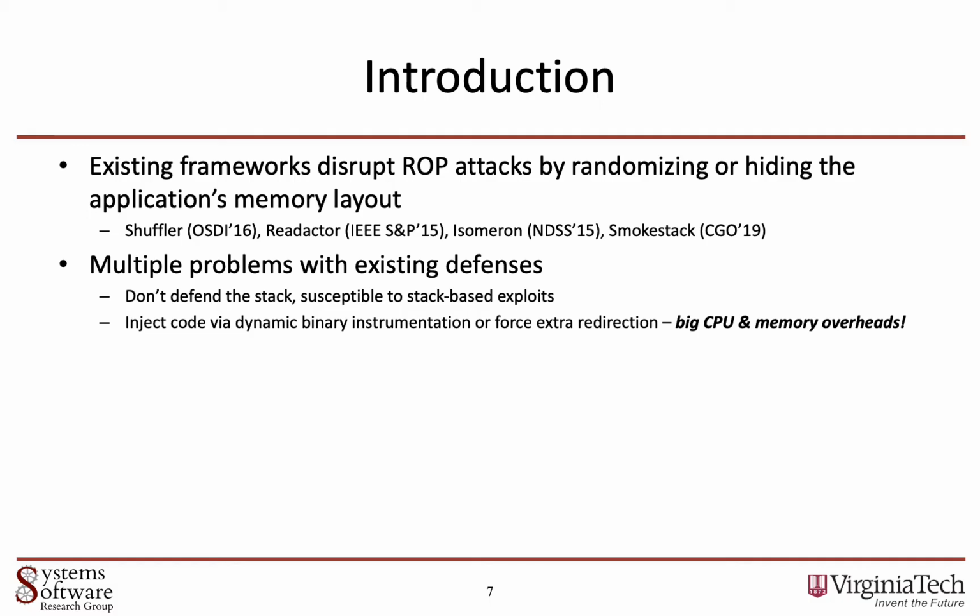Second, they either inject code via dynamic binary instrumentation, or they force extra redirection, which can create huge resource overhead. For example, it can add anywhere from 10 to 15% extra CPU overhead and as high as 50% memory overhead. So this can cause lots of problems in production environments.